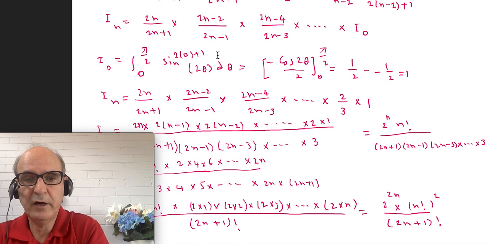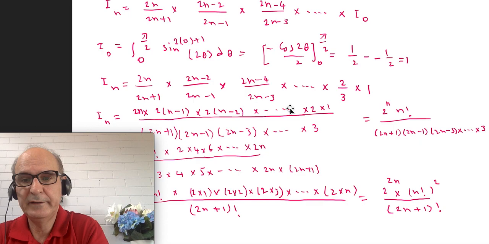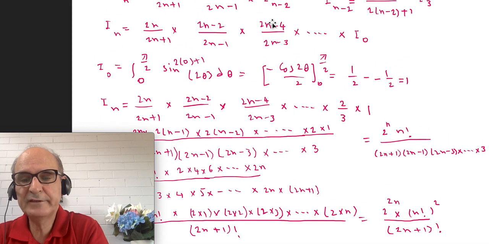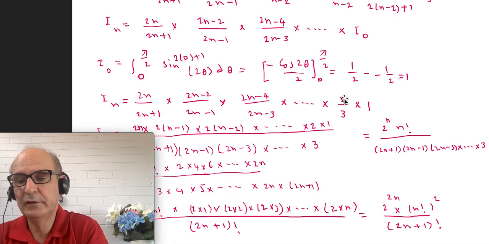Then our I_n will become that times that times that times 1. And as you can see, the top value in each fraction is 1 less than the bottom value. So this will continue until we get to 2/3 times 1.